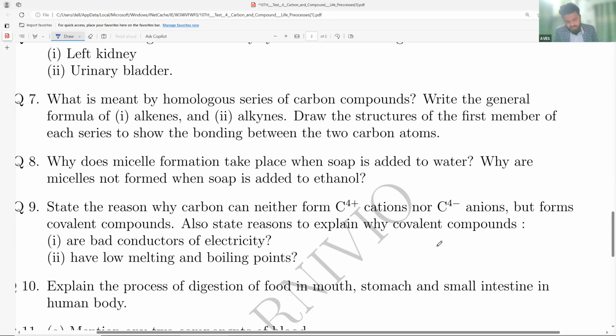Can anybody tell me why carbon cannot form C4 negative and C4 positive ions? Speak a little bit louder.